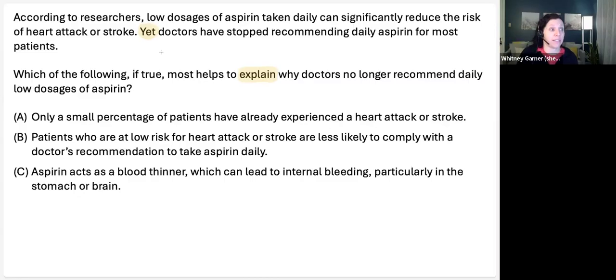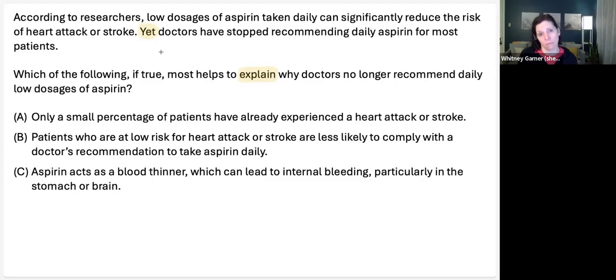Because of the surprise, doctors have stopped recommending daily aspirin for most patients. It wouldn't be surprising if we didn't know that daily aspirin had a benefit. So sentence one, low dose aspirin has a benefit. It significantly reduces your risk of heart attack and stroke. However, surprise, shocker of the century, doctors have stopped recommending that you take a low daily dose.